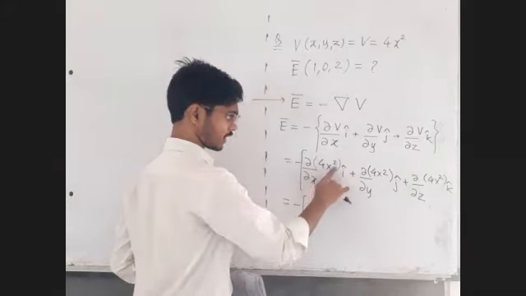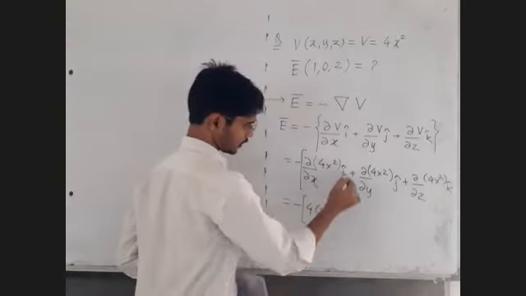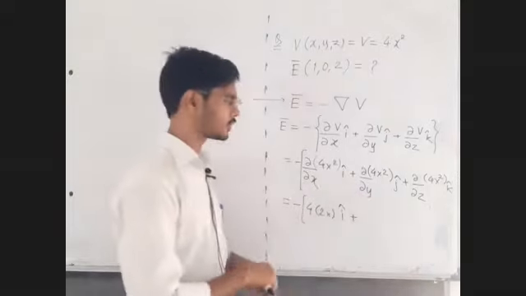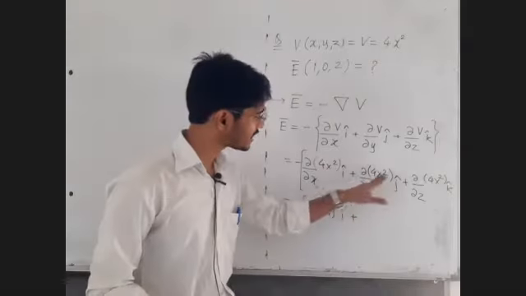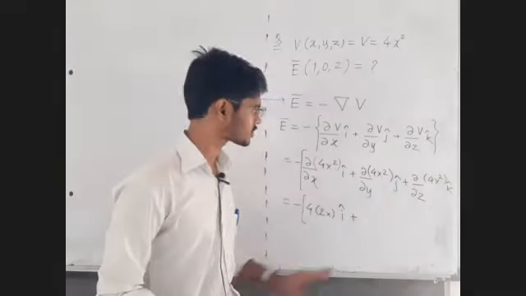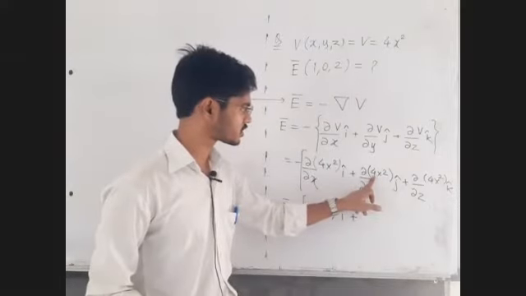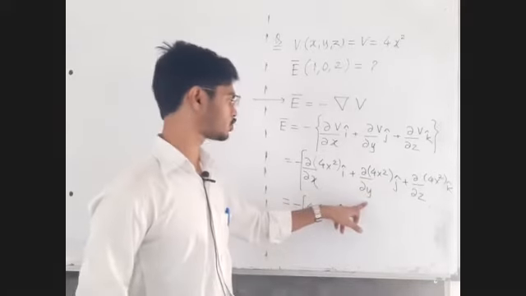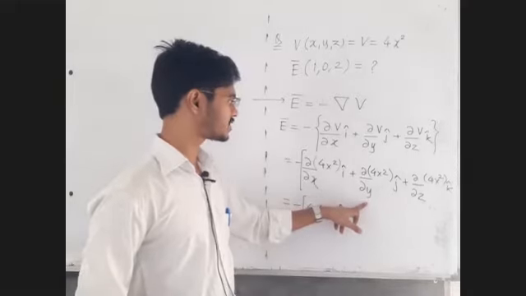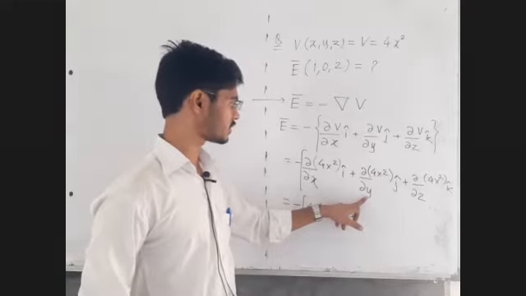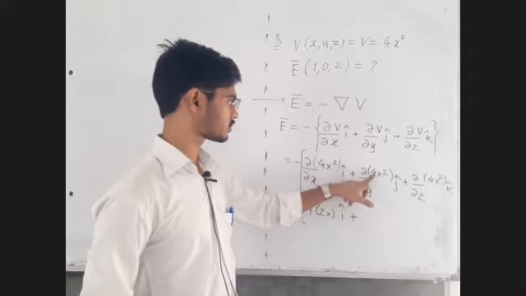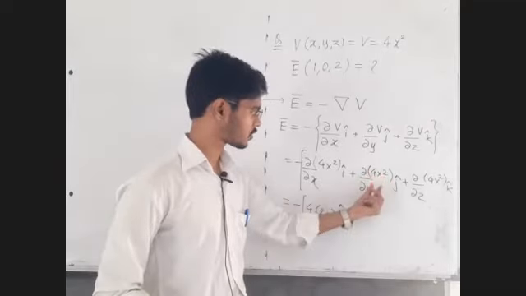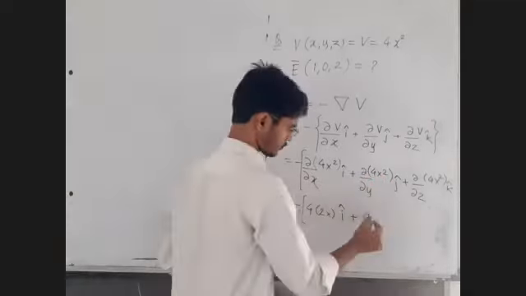Derivative of x square with respect to x is 2x into i cap. Now partial derivative with respect to y means x terms and z terms are taken as constant, only y terms are variable. So 4 into x square is treated as a constant. Derivative of a constant with respect to y is 0, so 0 into j cap.